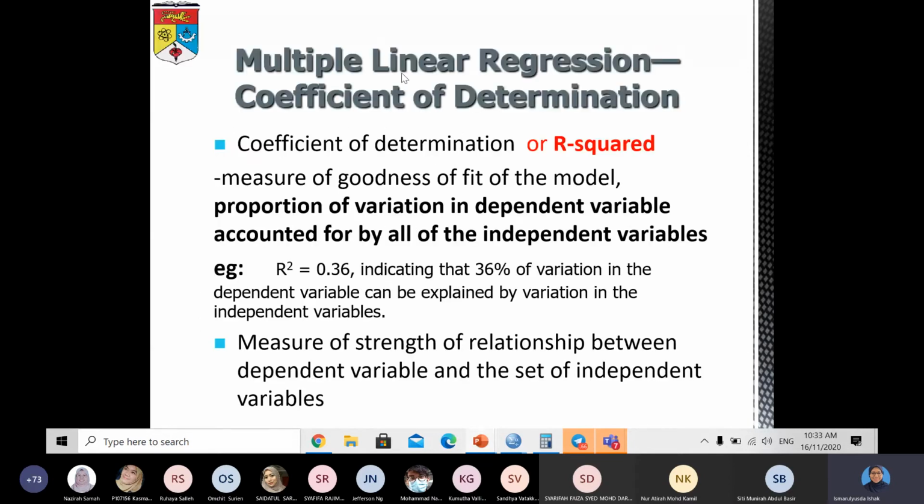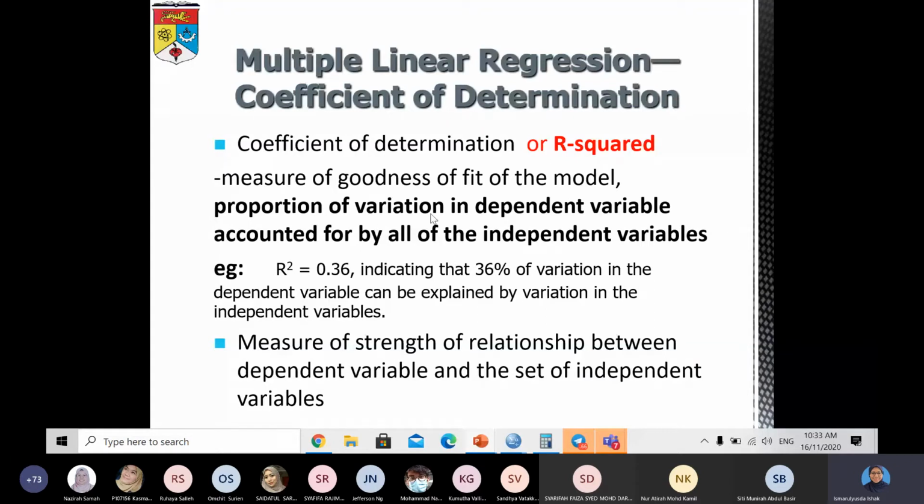So same like simple linear regression, the pointer here is the coefficient of determination, your R square, to measure the goodness of fit of the model: the proportion of variation in the dependent variable accounted for by all the independent variables.